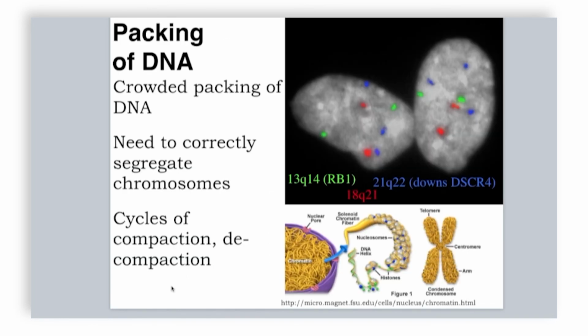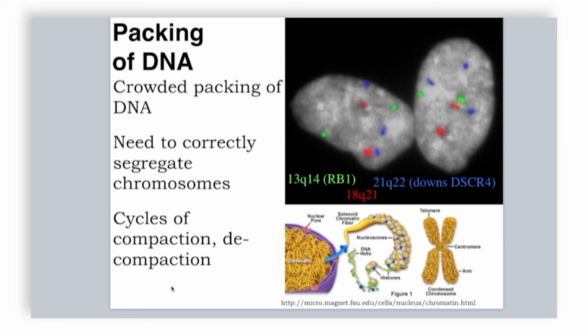As it turns out, DNA in eukaryotes and especially in humans, which has been very well studied, is tightly packed. And you are tightly packing it, but when you segregate it, it kind of decondenses. Or rather, it condenses even further. And it has to be correctly segregated. And the cycles of compaction and decompaction have to do it right.